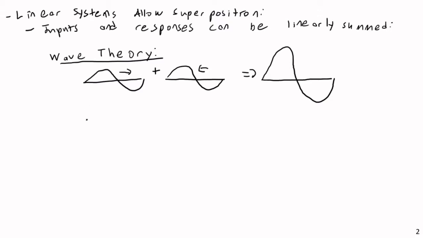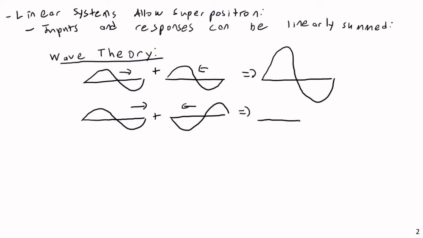For example, if I had the opposite, let's say something like this coming in, a wave moving to the right, and the opposite wave, something like this, moving to the left. At the instant these two overlap, we're going to end up with basically no wave present on the surface.